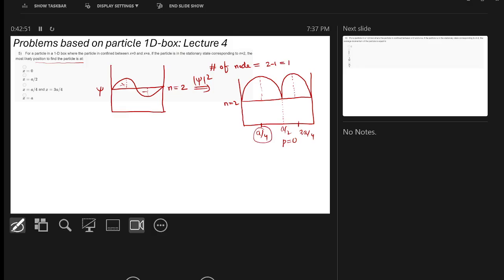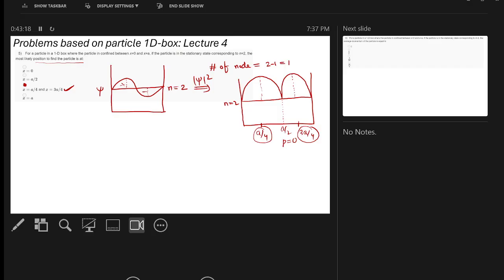At these two positions, the particle will be, you can say, at the most likely position. Okay, so this is the correct option. Third. So simply by plotting, we can understand the most likely position for the particle.